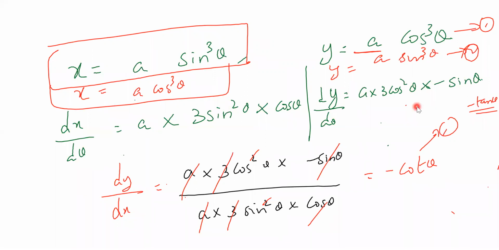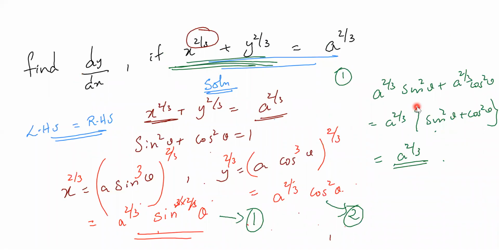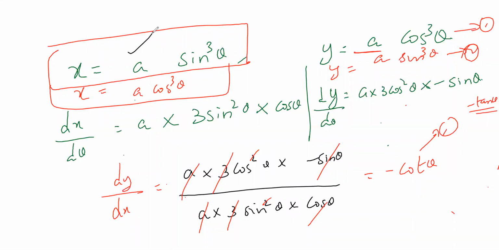But what I am teaching you here is how to think. Correct? This LHS is equal to RHS: x power 2 by 3 plus y power 2 by 3 is equal to a power 2 by 3. So instead of telling you to put x is equal to a sin cube theta, first of all, what should I get?